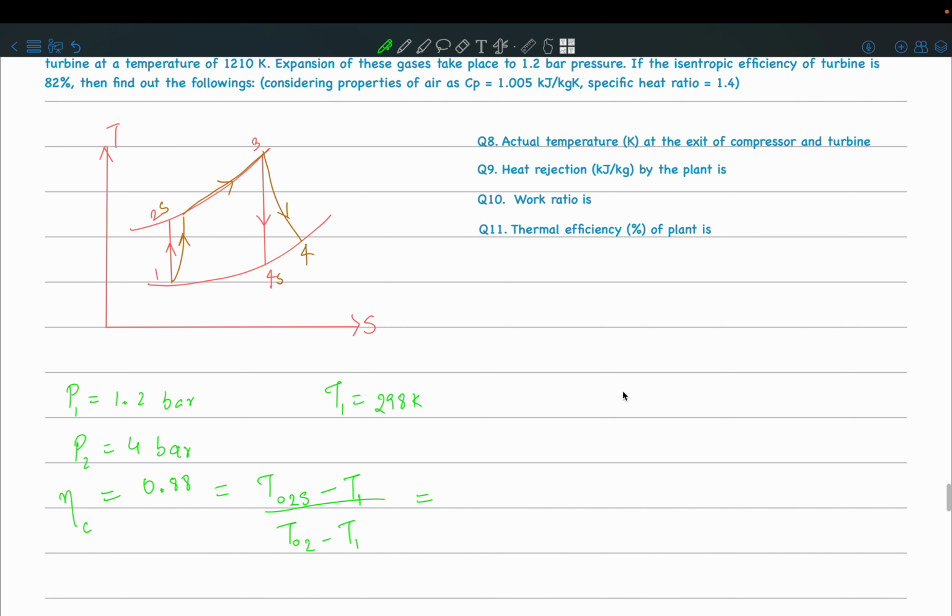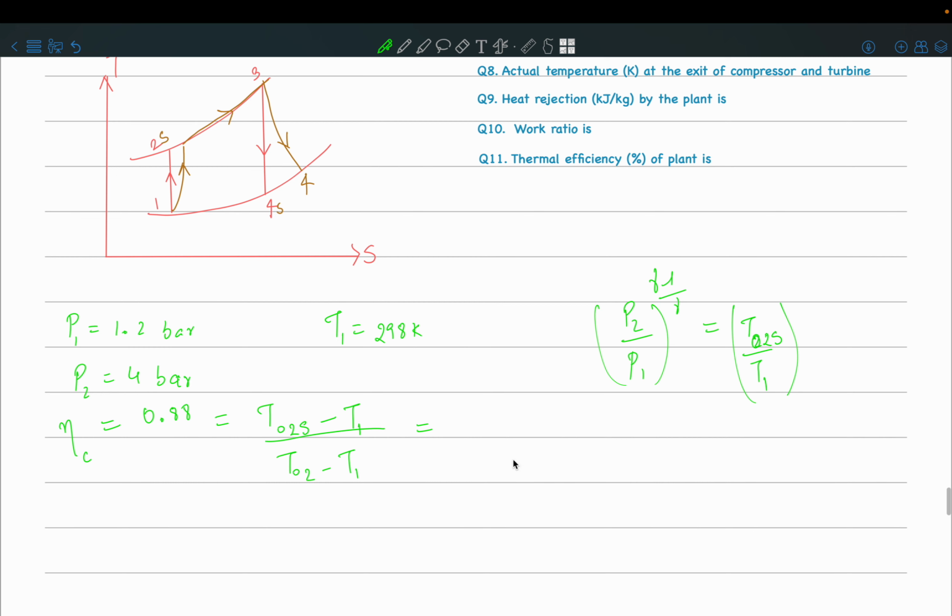Okay. So if you know P2 by P1, this to the power gamma minus 1 by gamma, this will give me what? What is the right hand side supposed to be? Is it T2 by T1 or is it T2S by T1? T naught 2S, right? Because this relation is valid only for adiabatic conditions, and we are going for state 2 from a non-isentropic path.